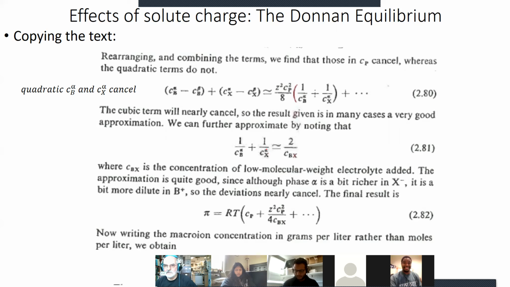So this approximation allows you to put 2 over CBX in the equation. When you do that, the 2 cancels the 8 and you get a 4. And the CBX will be in the denominator because this term will multiply through. So this is basically the total concentration in the bag.